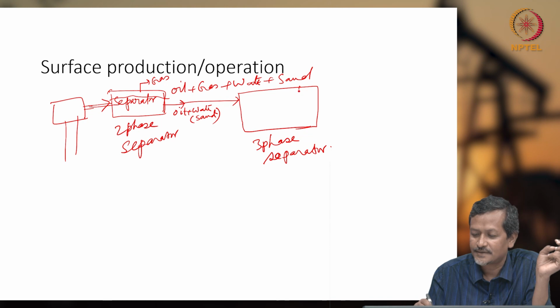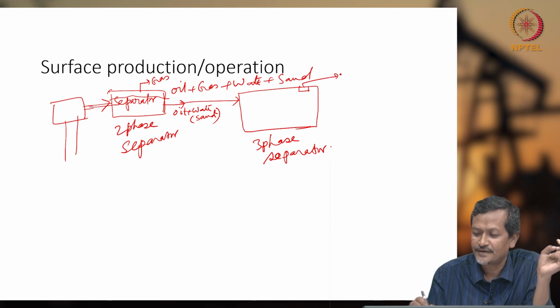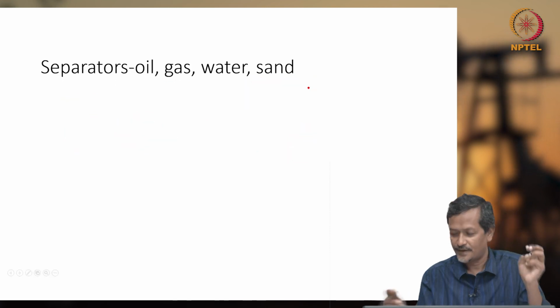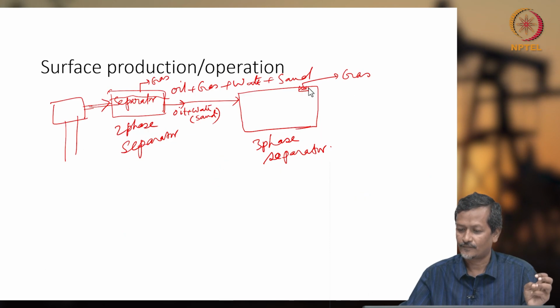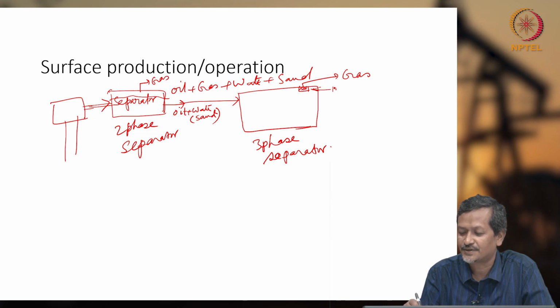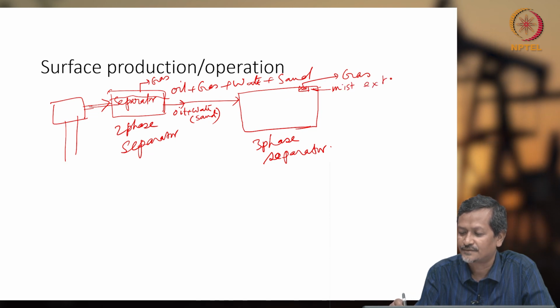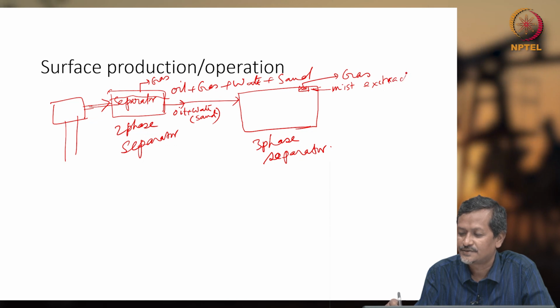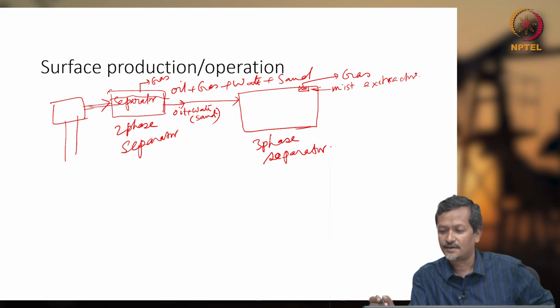You have gas extraction line here again, natural gas you are extracting here. So this is called mist extractor. This sieve like structure is called mist extractor, M-I-S-T, mist extractor, E-X-T-R-A-C-T-O-R, extractor.